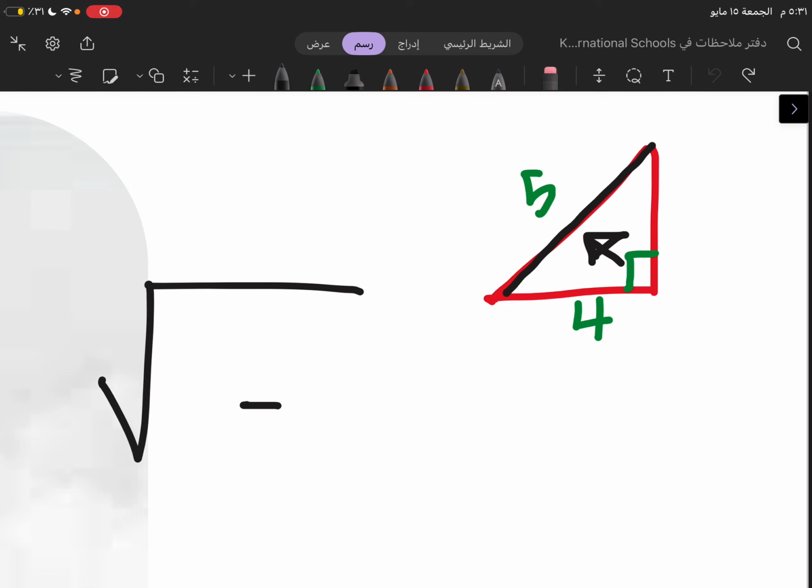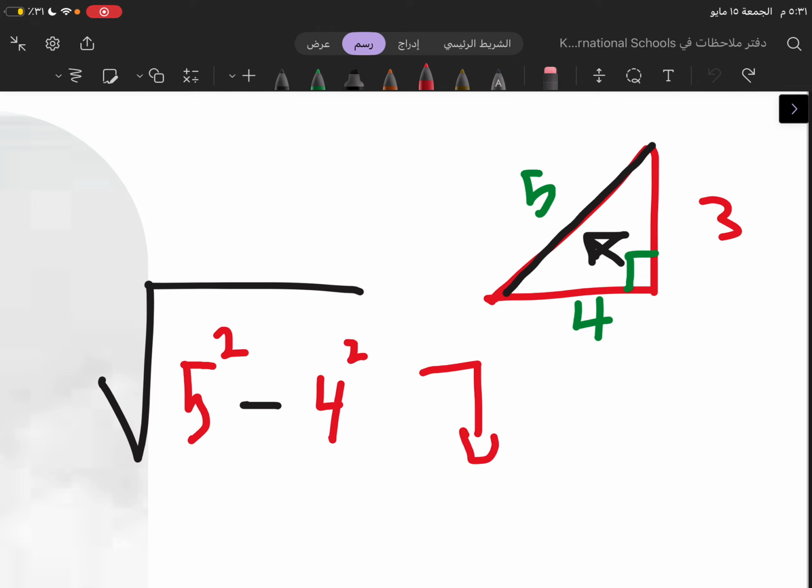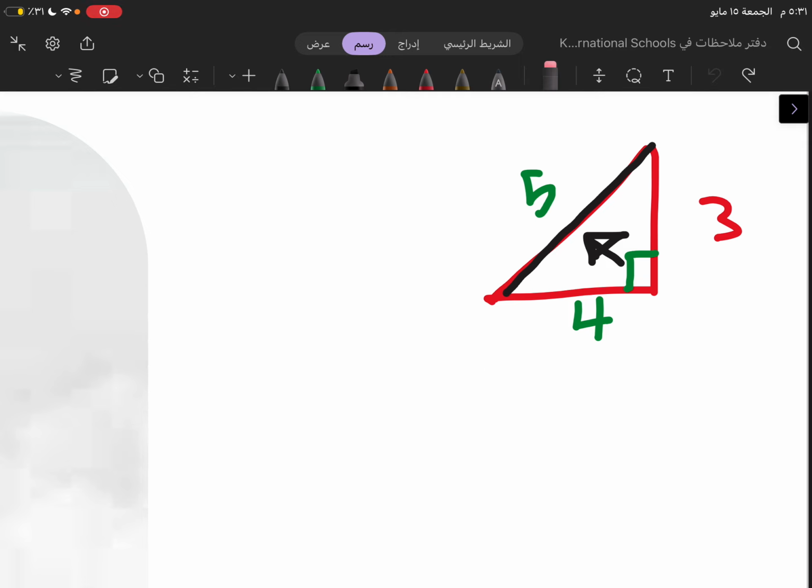Subtract what? The longest side square minus the short side square, enter. You will get the answer 3. Be careful with this, my dear student: if he asks you about the longest side, add. If one of the short sides, subtract.